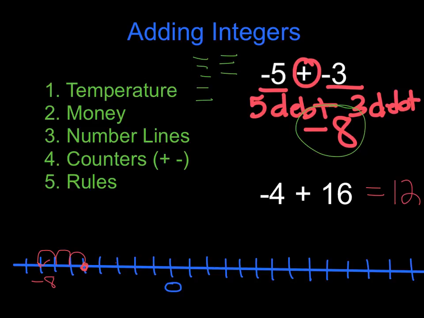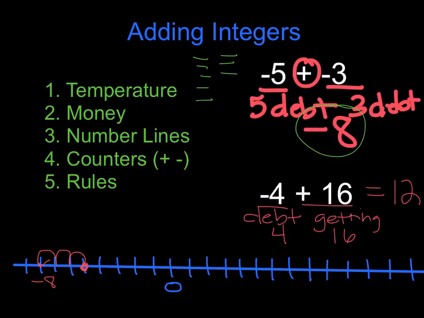If you think of it in terms of money, -4 represents a debt of $4, and adding 16 would be getting or receiving $16. Well, if you get $16, you need to pay off your debt of 4, and you would have $12 left.